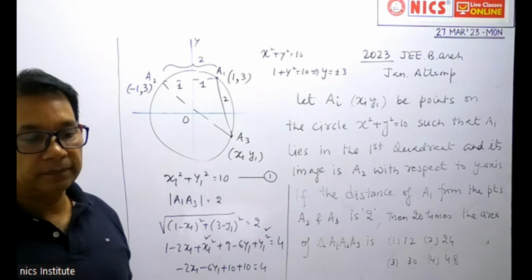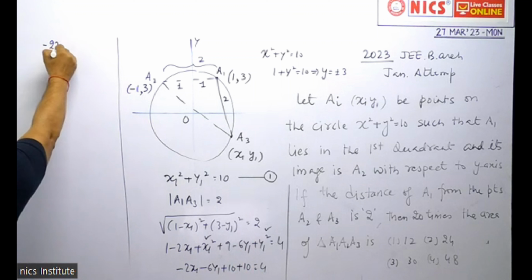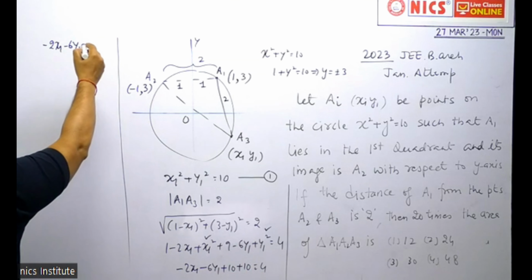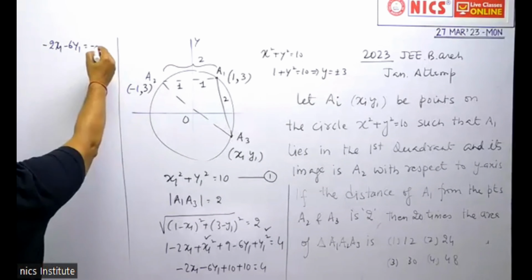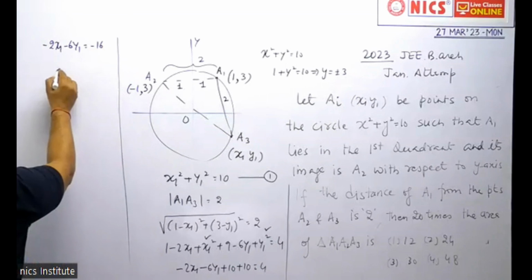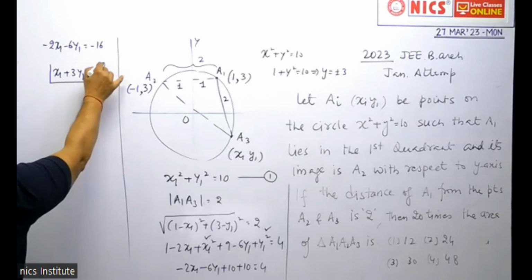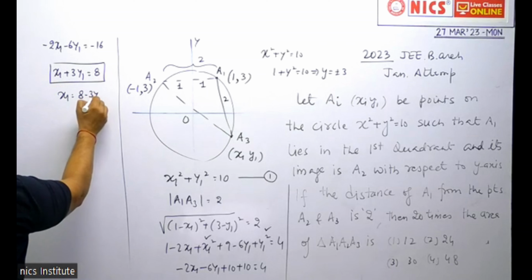Is that correct? Or minus 2x1 minus 6y1 will be equal to minus 20 plus 4, that is minus 16, or you can say x1 plus 3y1 is equal to 8, or x1 is equal to 8 minus 3y1.